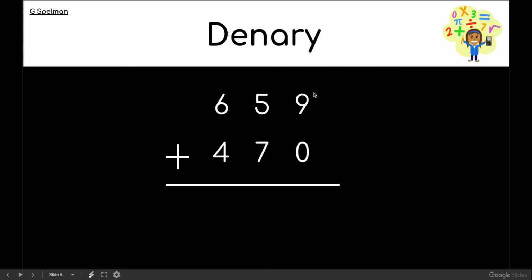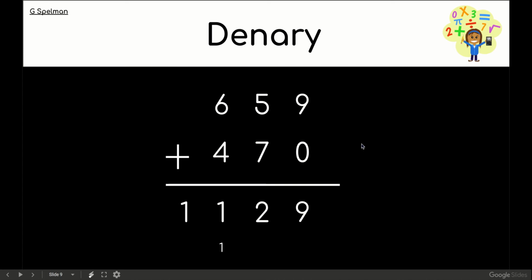So here we start on this side always, and 9 plus 0 is 9. 5 plus 7 is 12, and that means it's 2 carry 1. And 1 plus 4 plus 6 is 11, so our answer is 1129. There are two things I would like to point out.